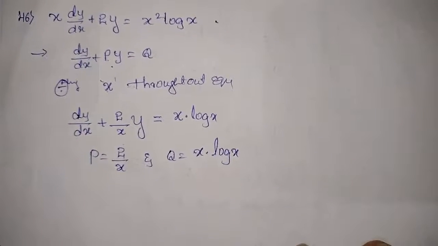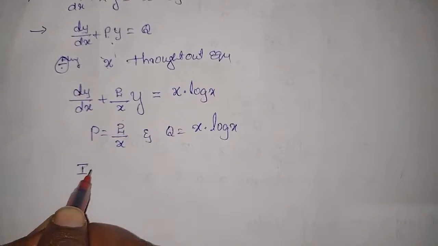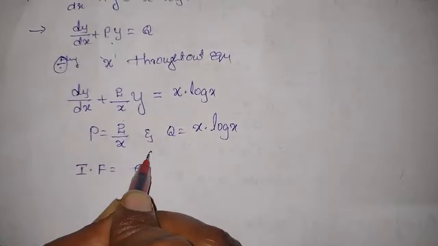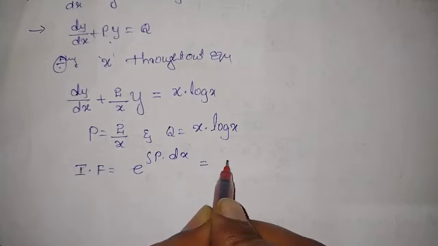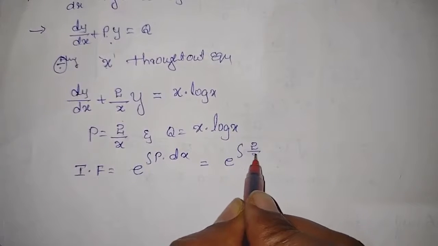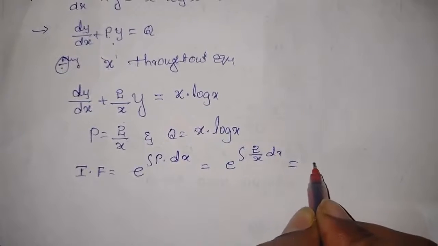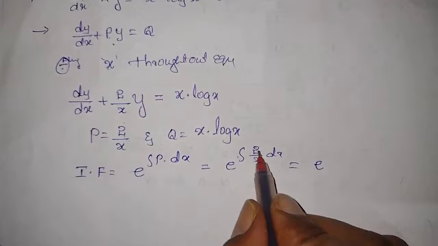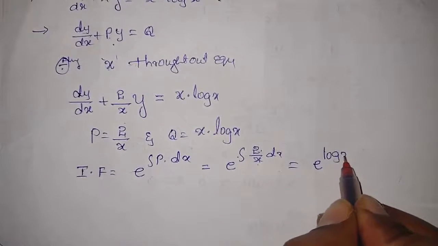Clear? Afterwards, first we have to find the integrating factor. Integrating factor is equal to e power integration of p dx, which is e power integration of 2 by x dx. Take the constant 2 outside; integration of 1 by x is log x, so it is 2 log x.